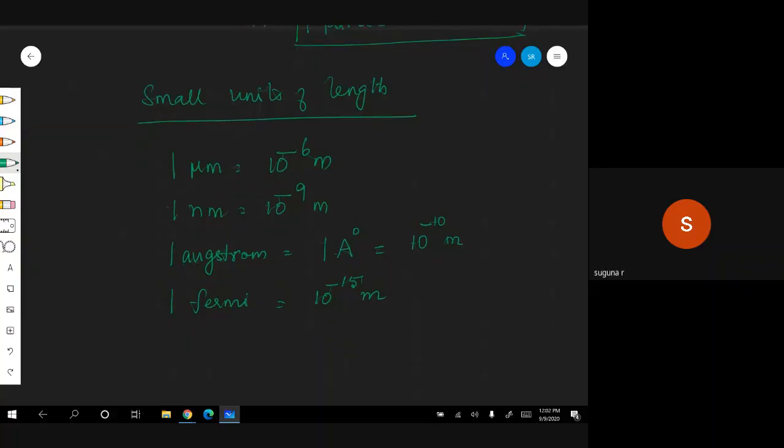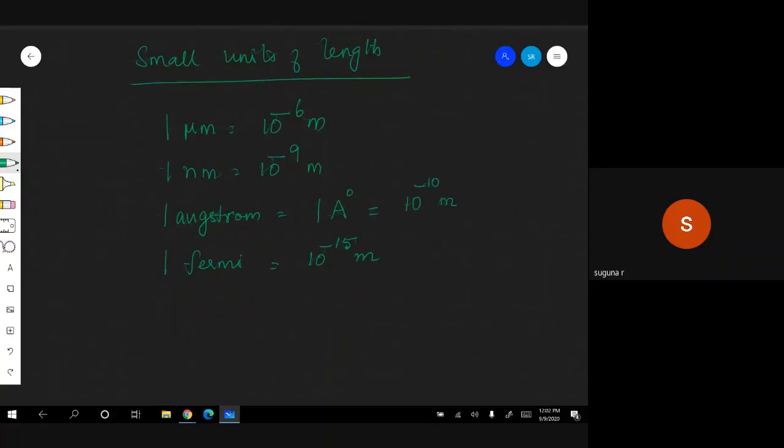Next, if you go to mass, very heavy mass. For measuring very heavy masses, what are all the units we are using?